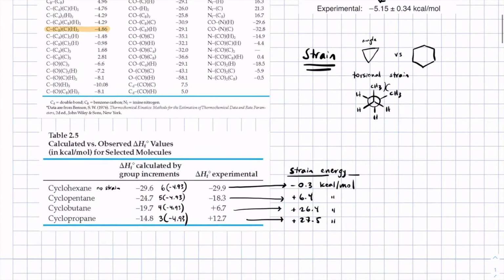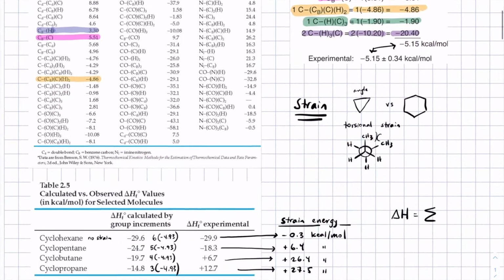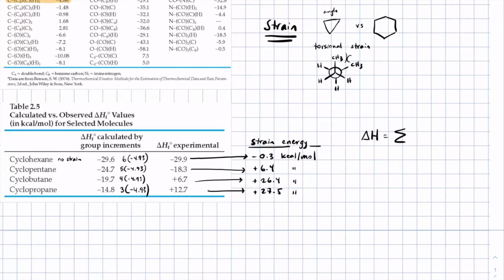All right. Now, sometimes we can predict whether a reaction is endothermic versus exothermic if we take the sum of the heats of formation of products minus the sum of the heats of formation of the starting materials.